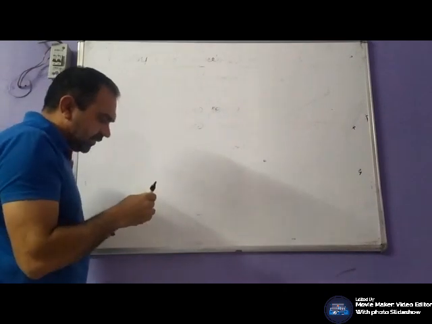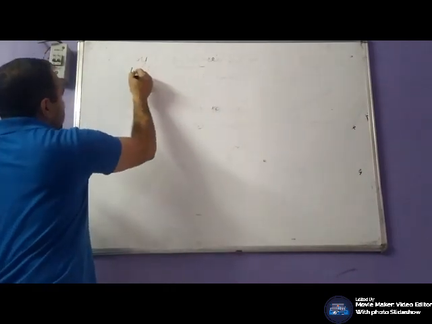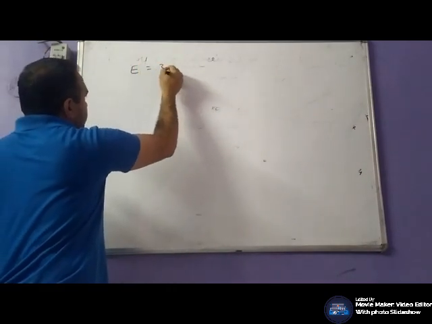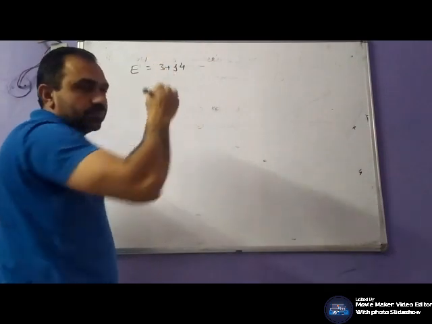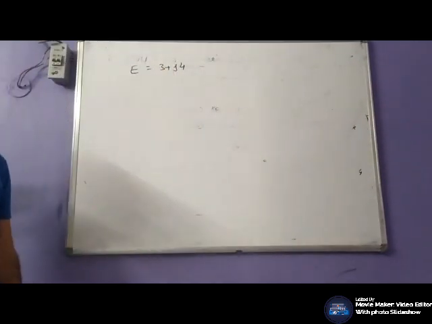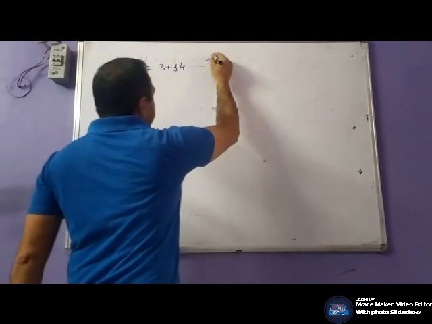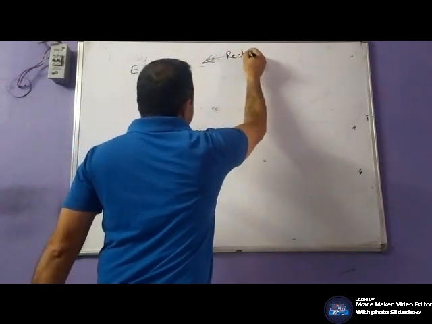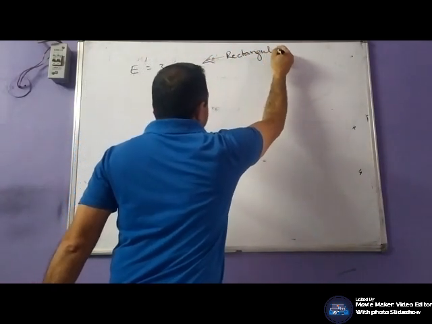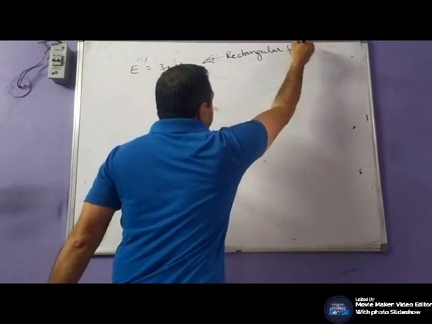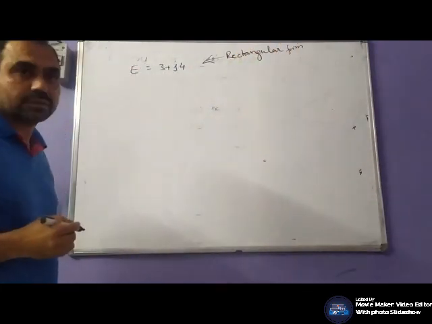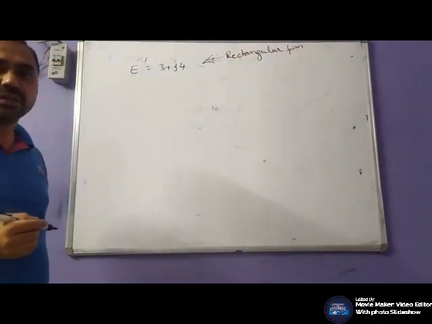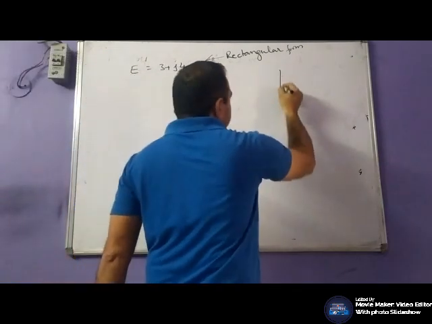We have the phasor E is 3 plus j4, which is in rectangular form. We want to convert it into the trigonometrical form.